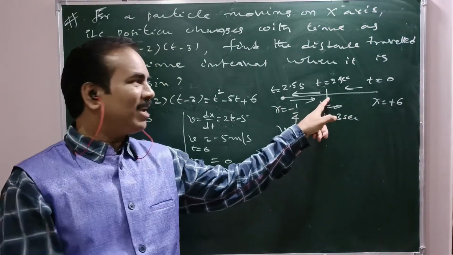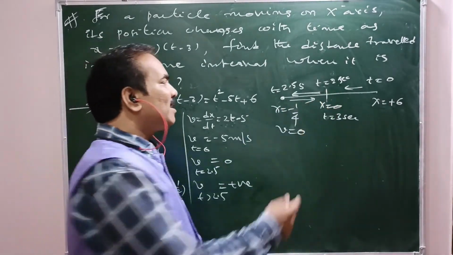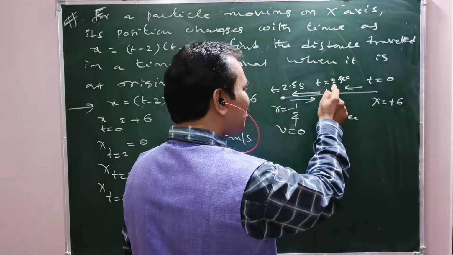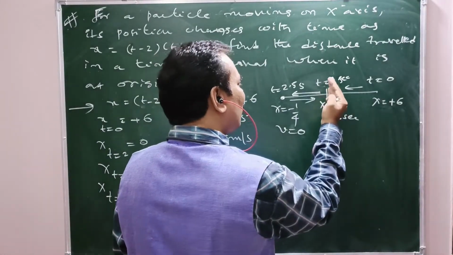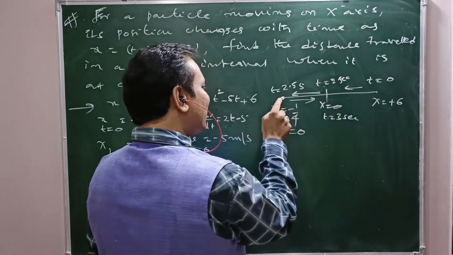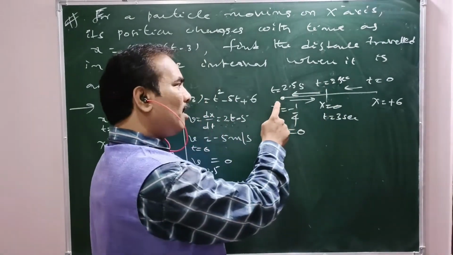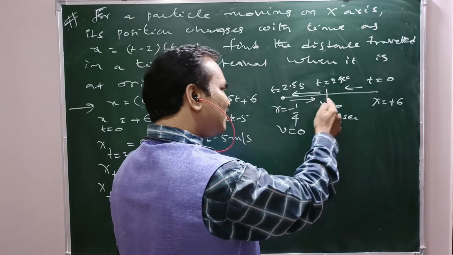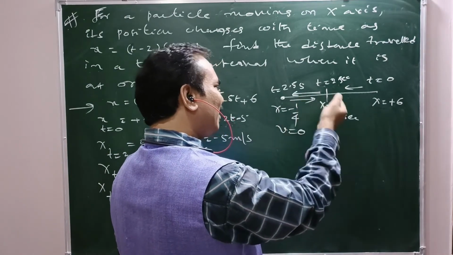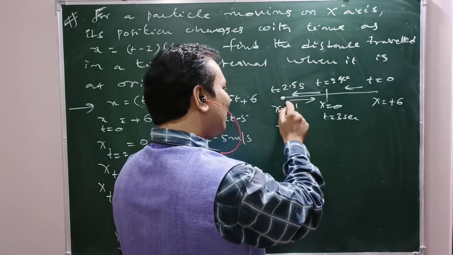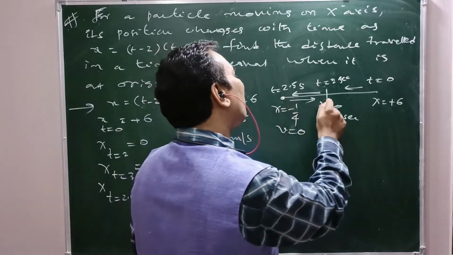Now, see the interval here. Initially, the particle crosses the origin at t equal to 2 seconds. Afterwards, at t equal to 2.5 seconds, it reaches the negative extreme position. Afterwards, at the instant 3 seconds, it retraces from the negative extreme position to the origin.